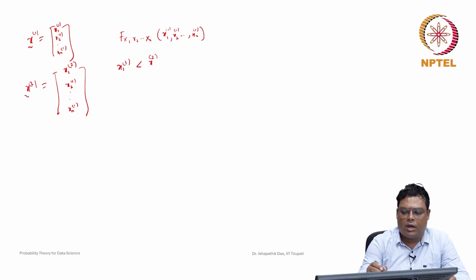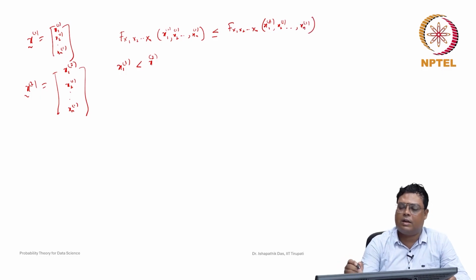In that case we can write f(x1^(1), x2, ..., xn) is less than or equal to f(x1^(2), x2, ..., xn), because we are just fixing the other coordinates.